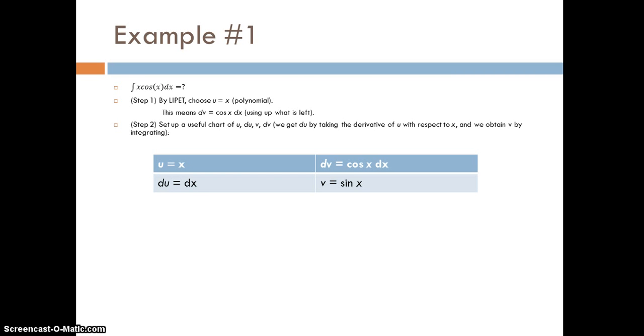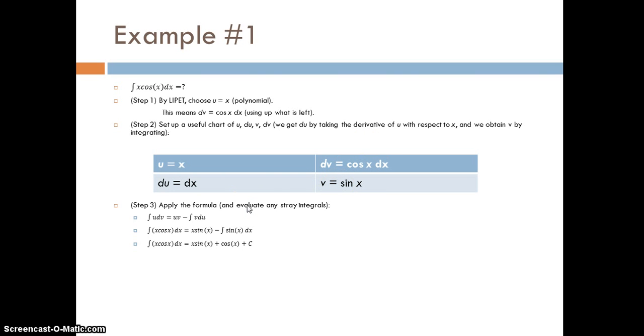So what you can do is set up a very useful chart of u, du, v and dv. Again, just like we did with substitution, we're going to find our du by taking the derivative of u. And so we get du is equal to dx. And then we have dv equal to cosine of x dx. In order to find v, we just integrate, and we get sine of x.